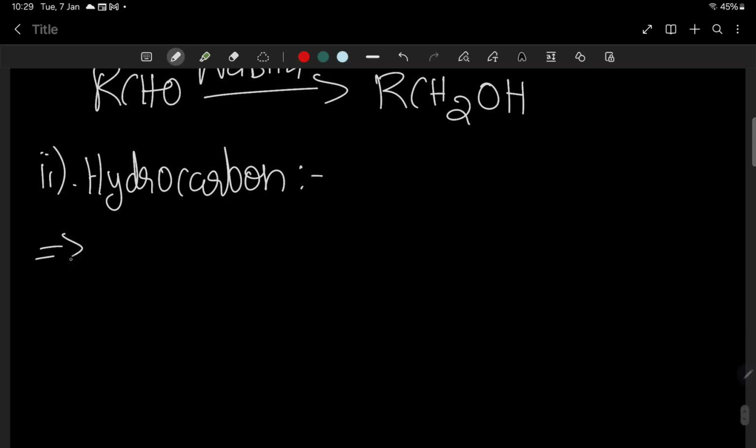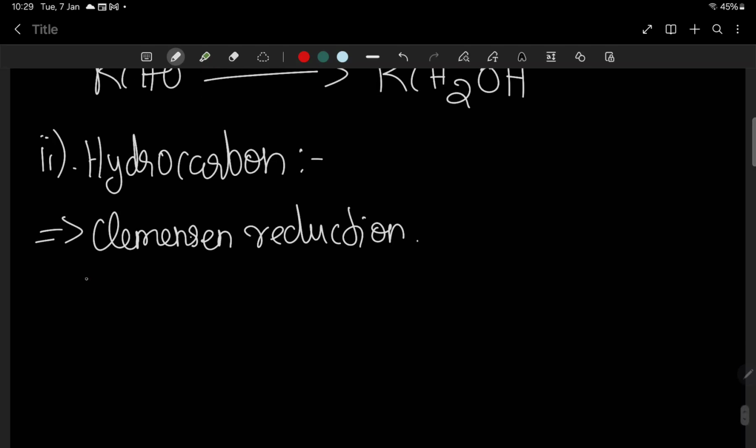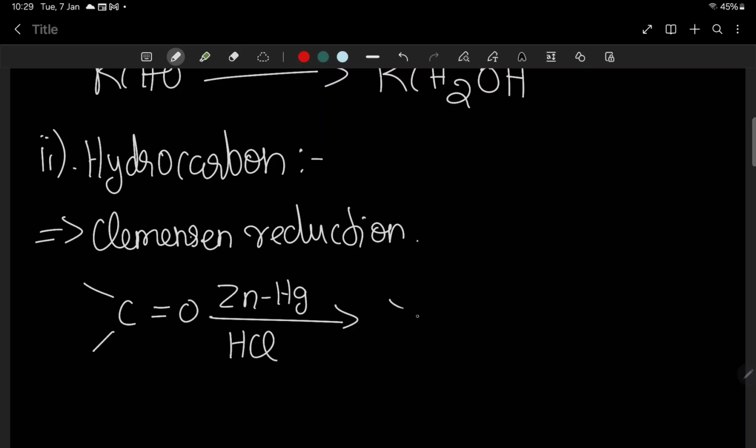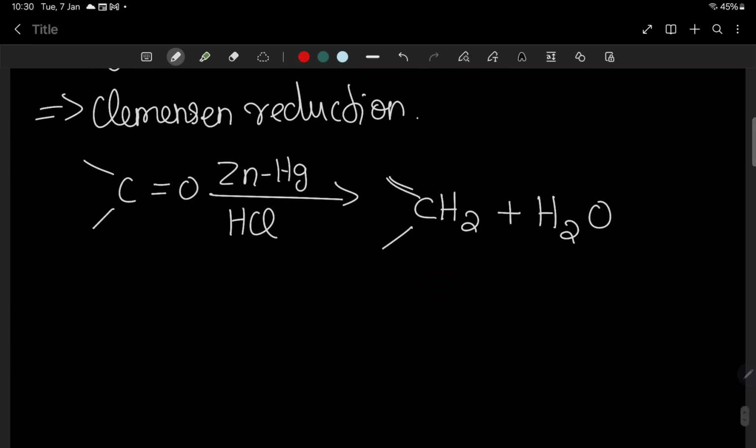There are two methods. The first one is called Clemmensen reduction. In this reduction, take the carbonyl compound and treat it with ZnHg and HCl. We get CH2 plus H2O. This is called Clemmensen reduction. Now another method is also there. This is also important.